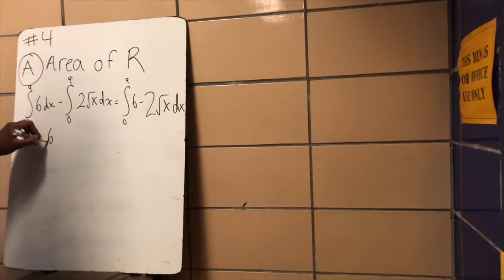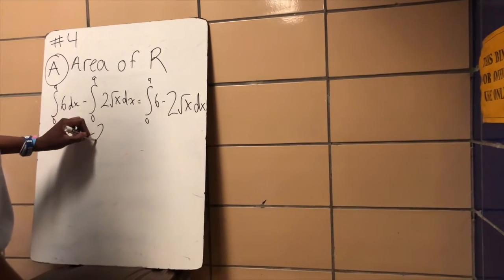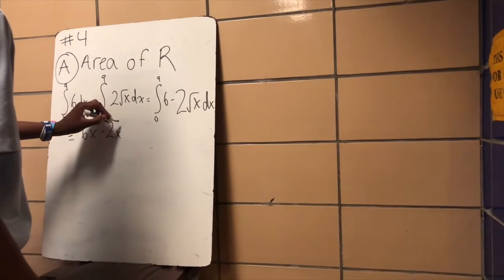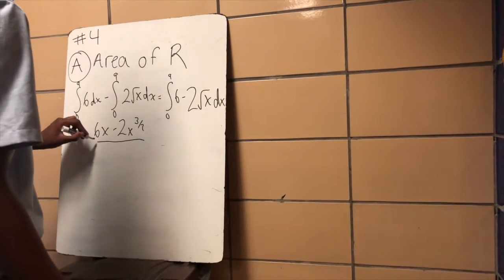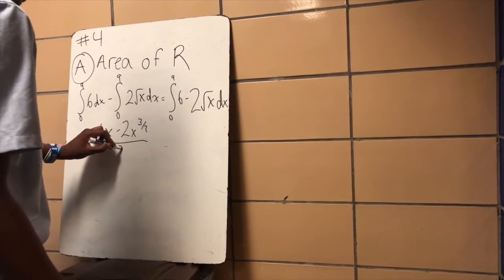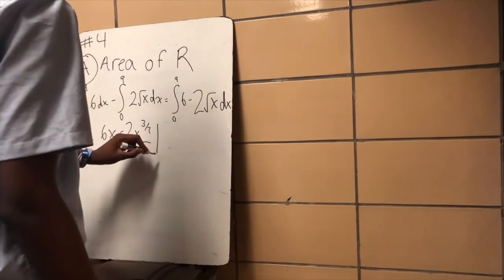Once you do that, you get 6x minus 2x raised to the 3/2 power over 3 with the bounds 0 to 9. When you plug those into the equation, you get 18.